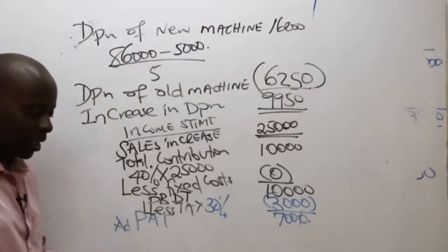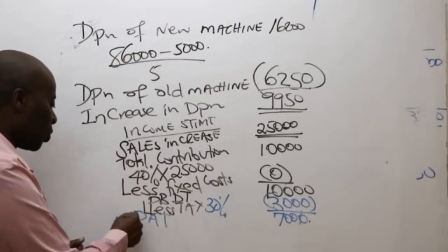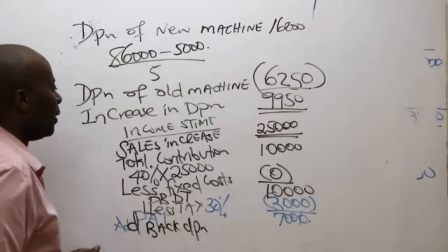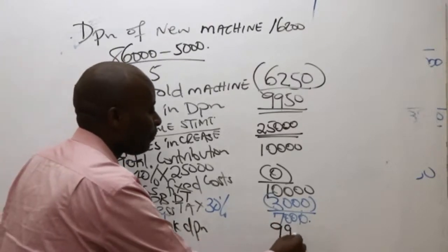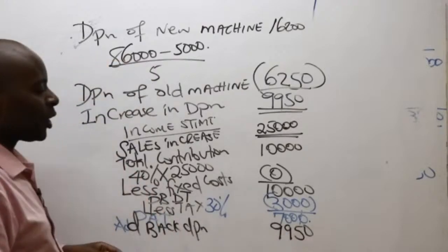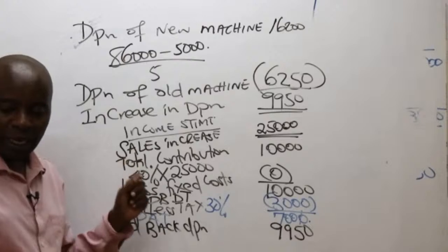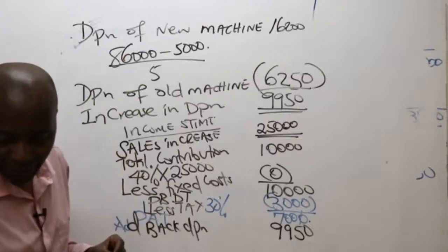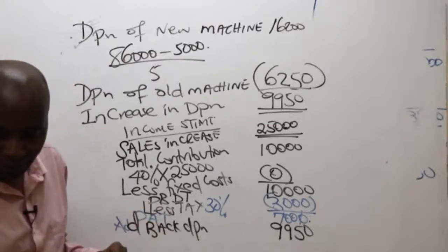Depreciation over how much? 99.50. So 7,000 plus 99.50 will end up giving me what figure?